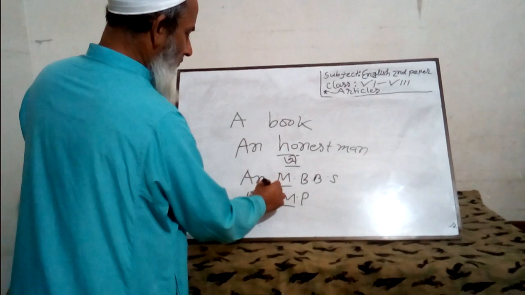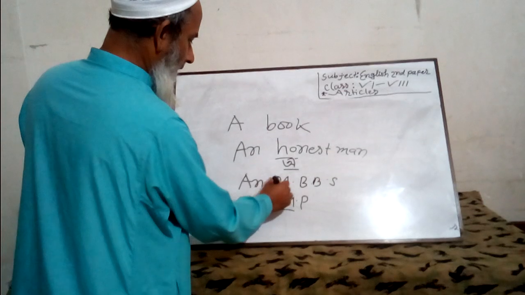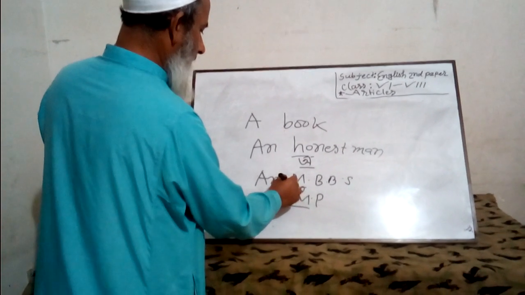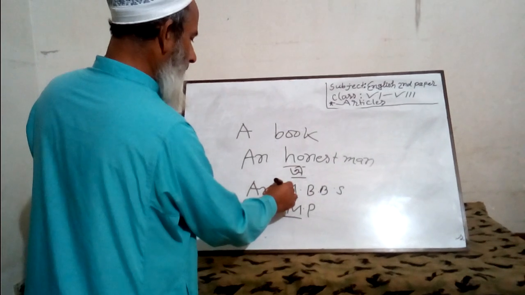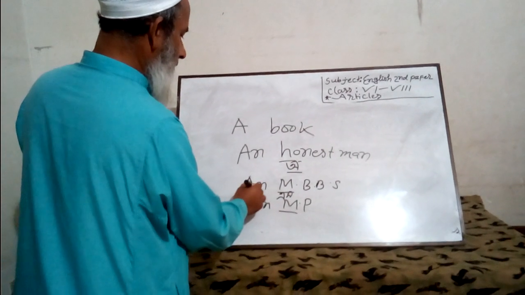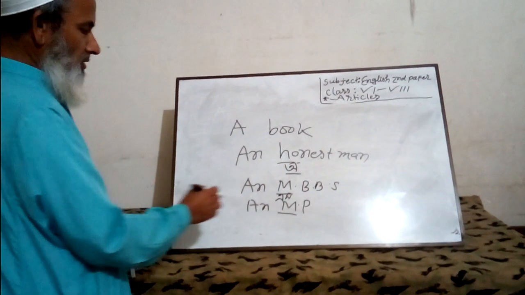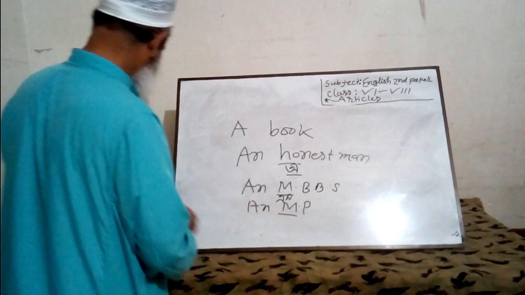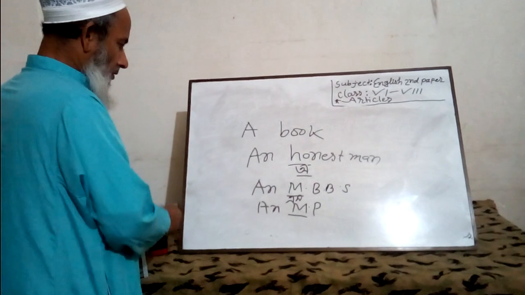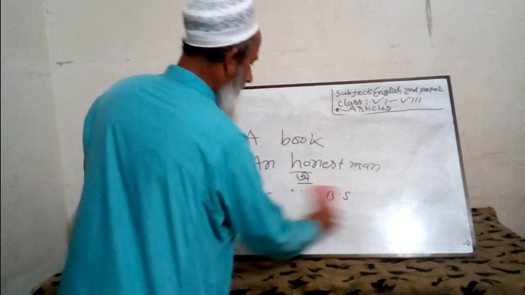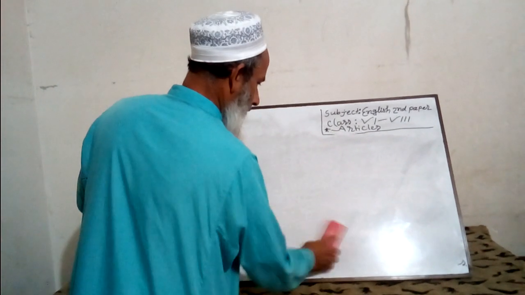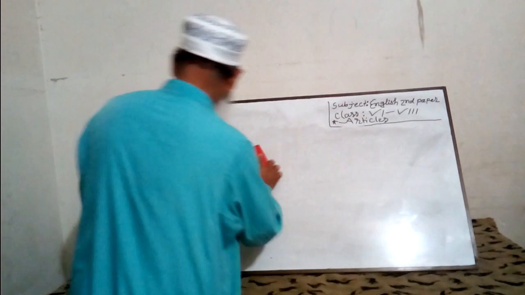Here A comes first, M. Here A comes first. That is why, in spite of being consonant, we have to use an, because the sound is like vowel. Okay, dear learners, not all abbreviations we can use an with.